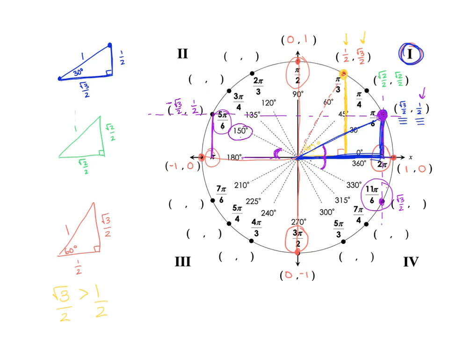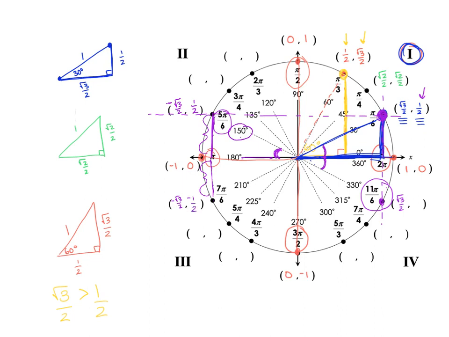I can do the same thing. I can drop a line down now from 5 pi over 6, or 150 degrees, that x value is exactly the same, negative square root of 3 over 2. And in this case, we're going down the same distance. This is the same distance as this, so it is 1/2.